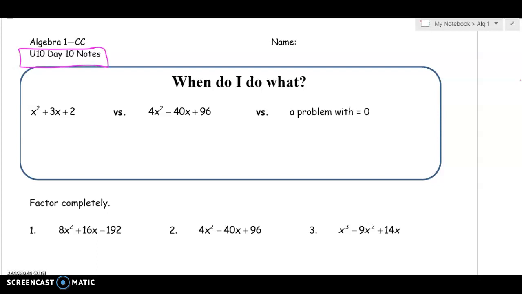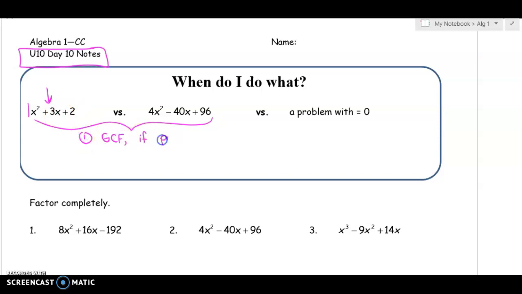Here's what we've got. We've got these types of problems, all right? If you have something like this, where there's just a 1 in front of the x squared, versus a 4x squared minus 40x plus 96, versus a problem with an equals 0. For these problems, depending on what it is, you're going to do a GCF if possible.